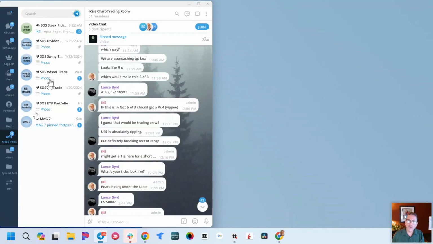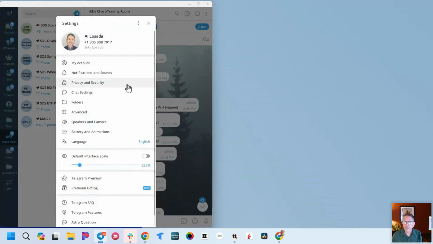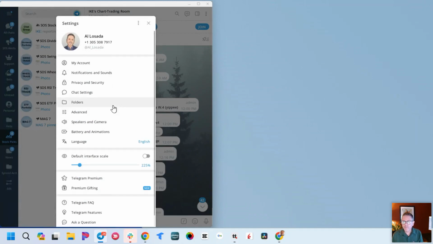So let's go through some settings here. Any questions so far? Okay, no questions. All right, so let's go through the settings. So when you get in here, you want to go into these settings, and determine how best to get your alerts.